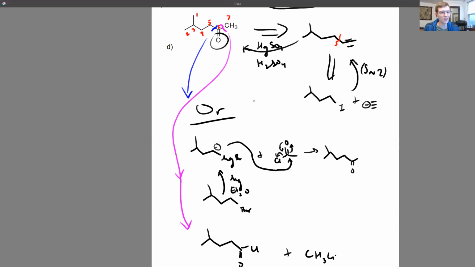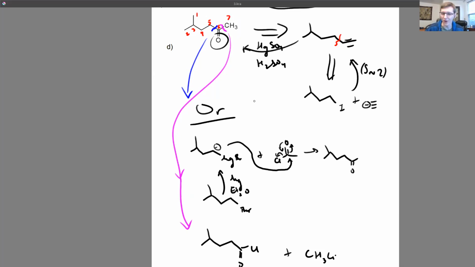It's the sort of thing that in the past hasn't been covered that much, but last year, for example, there was an exam question which said, write out the mechanism for using a Weinreb amide to make this product, and it was worth a stupid amount of points. People were upset about that one, pretty rightfully so.